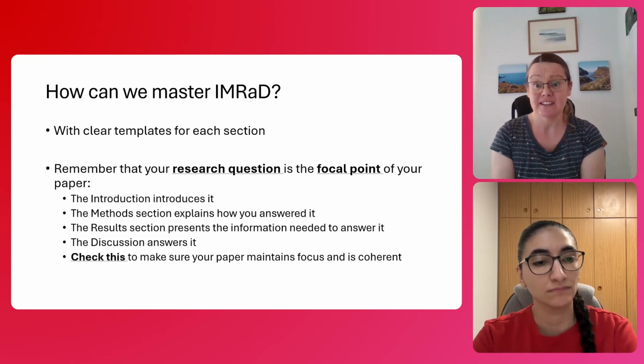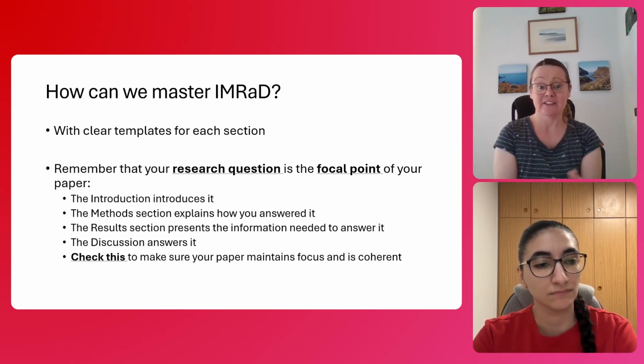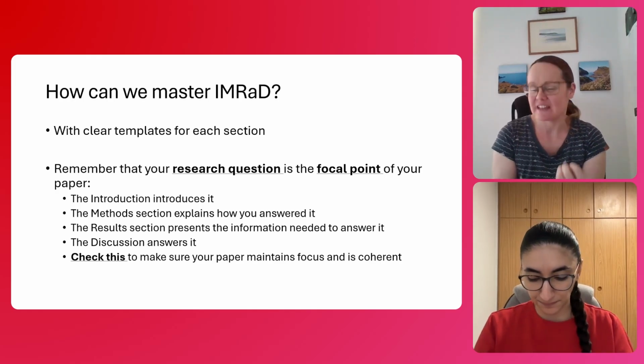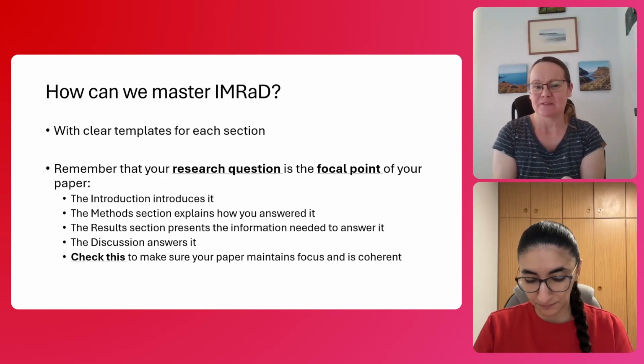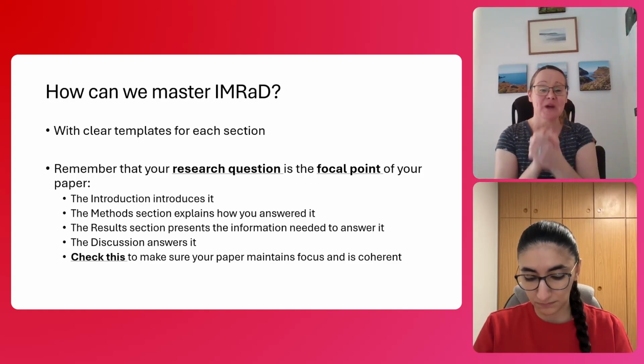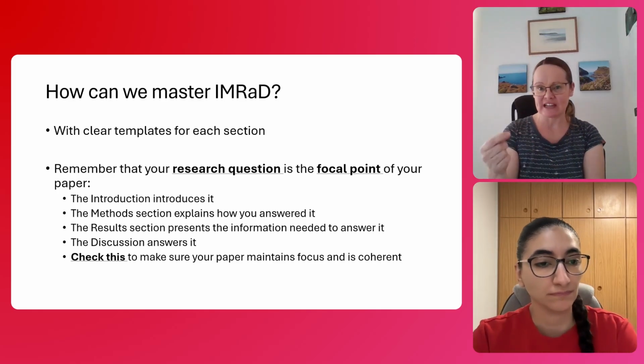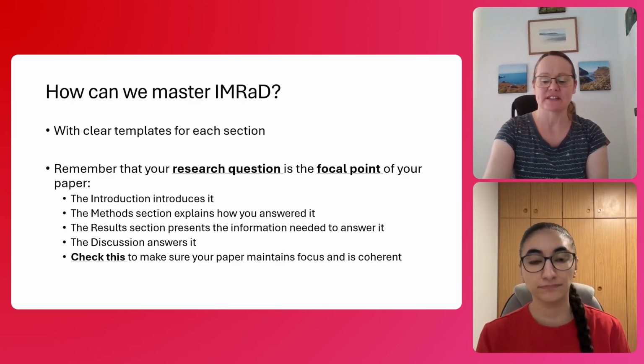And do I give an answer to that research question in the discussion? Okay, so I like to tell my students, bring them aware of how important that research question is for the focus of your study. But as I say, what I'd like to do in the next few slides is give you clear instructions on how to write each of those sections.